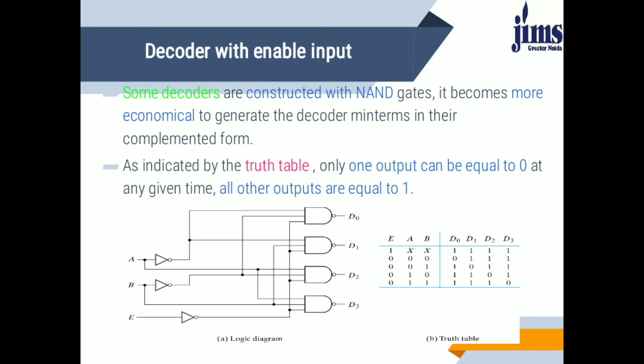As you can see in the truth table, only one output can be equal to 0 at any given time and all other outputs are equal to 1. In that case, an enable input needs to be added. See here, for NAND gates D0, D1, D2, D3, we are doing the opposite function of the previous one. So we require an enable signal which will take care of all the conditions.